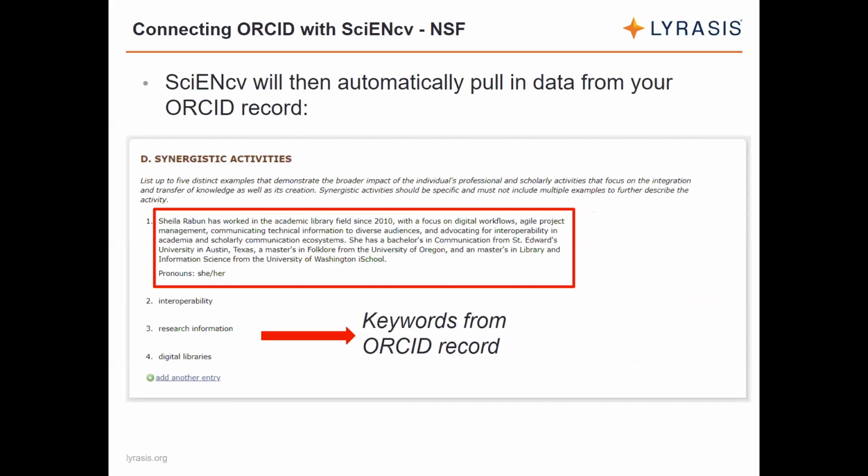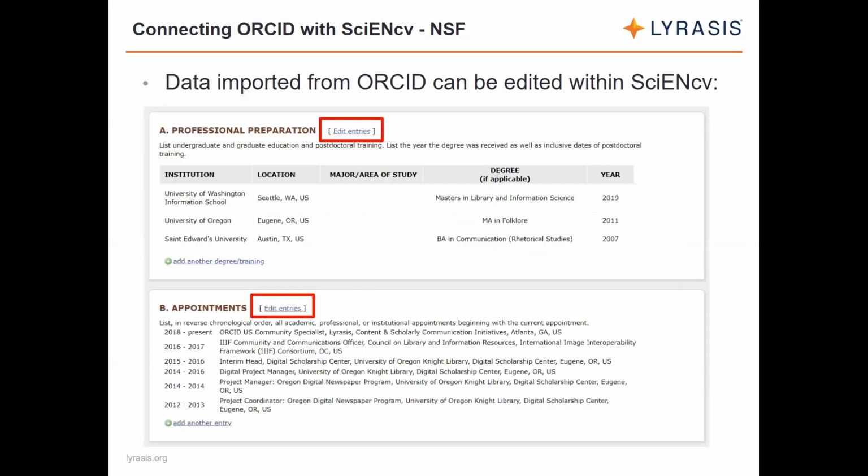In Section D, Synergistic Activities, you'll see that your biography from your ORCID record has been imported, as well as any keywords that you entered in your ORCID record. Note that you can always edit these entries and make changes once that data is imported from ORCID.